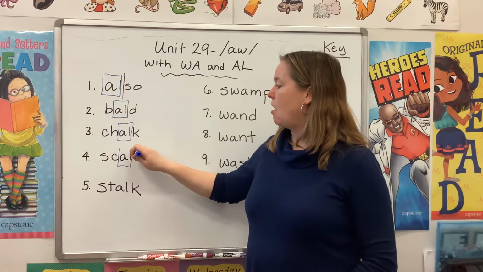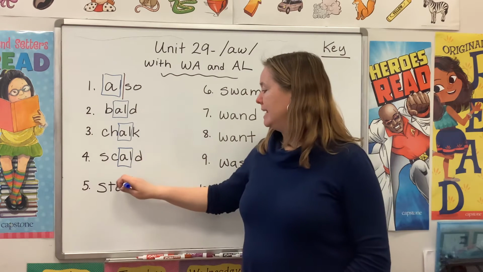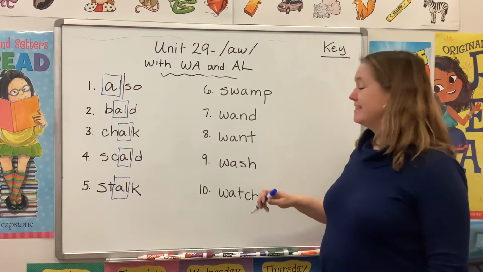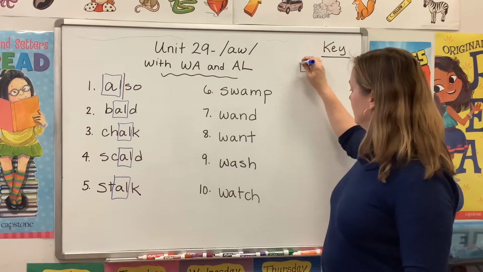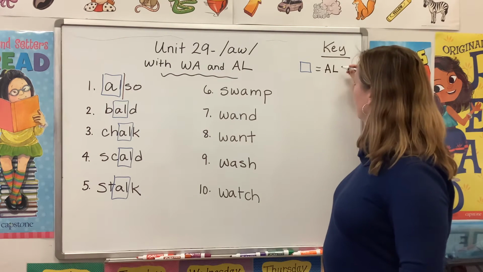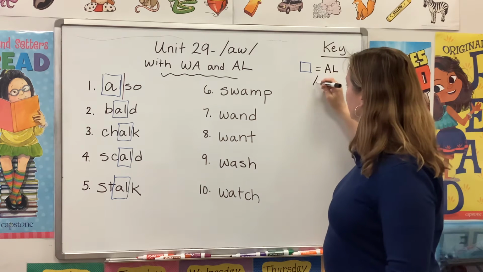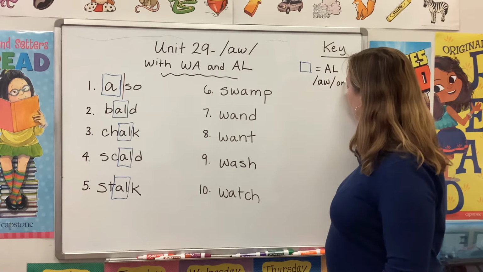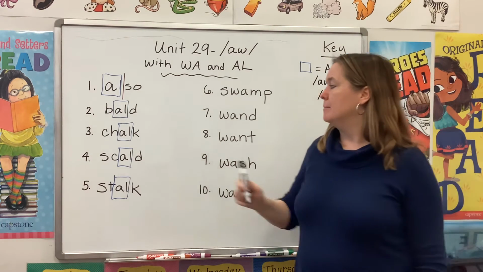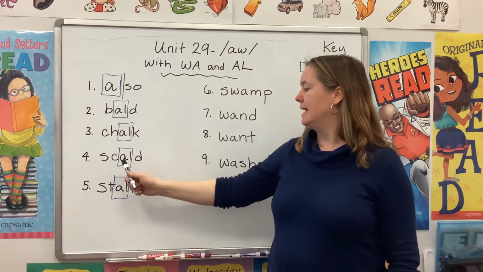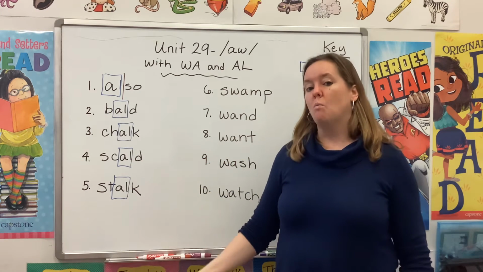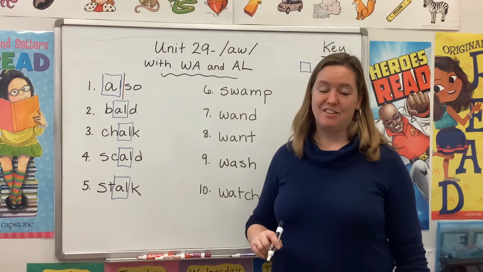In the word scald, we hear the L. In the word stalk, we do not hear the L. Okay, so over here, blue box equals AL chunk, and it is going to either say AW or it will say all, okay? Also, bald and scald, we hear the L. Chalk, stalk, walk, talk, we do not hear the L.